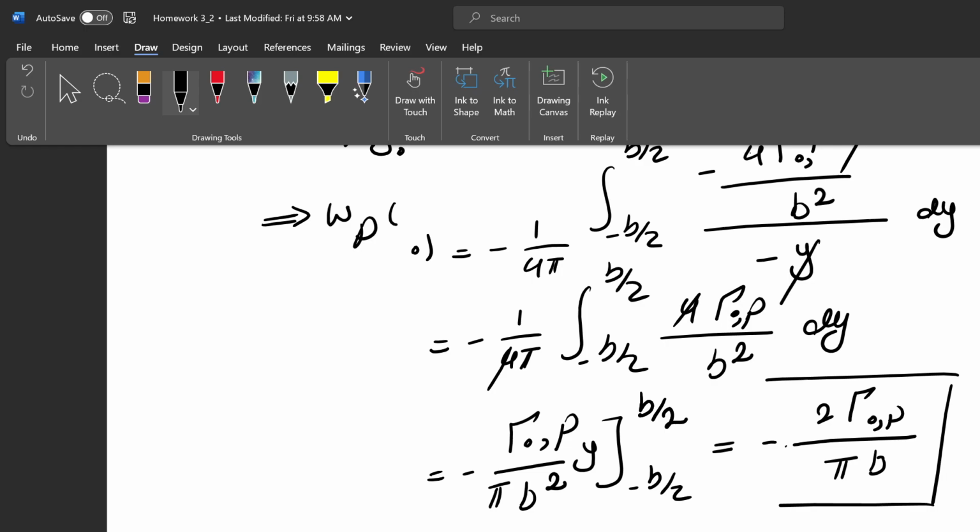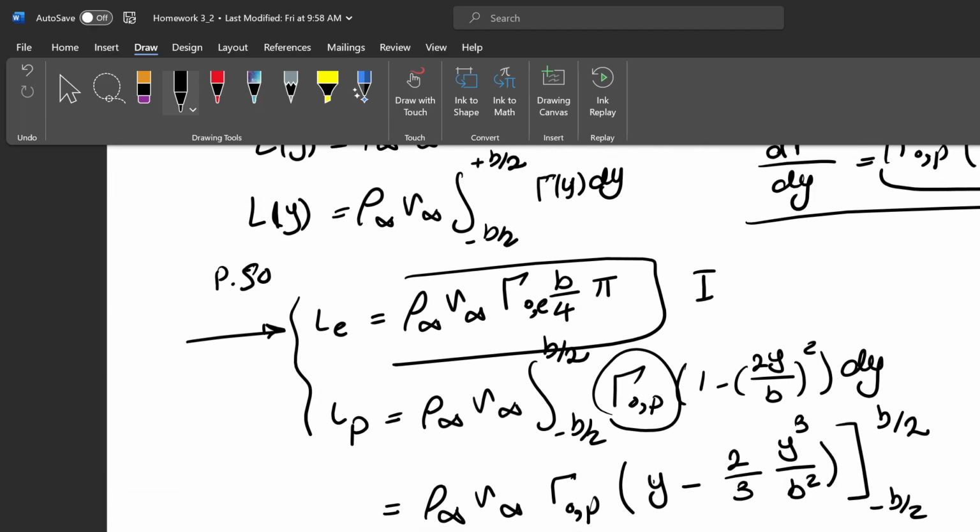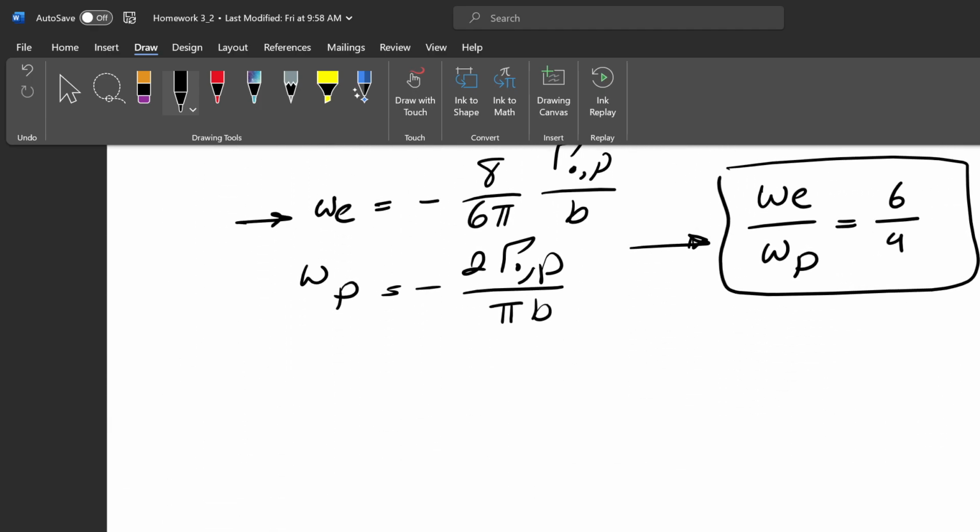So if you divide these two, the induced velocity of the elliptical divided by the induced velocity of the parabolic is going to be equal to 6 over 4. This is the relationship between the two. You can simplify this to 3 over 2 as well.